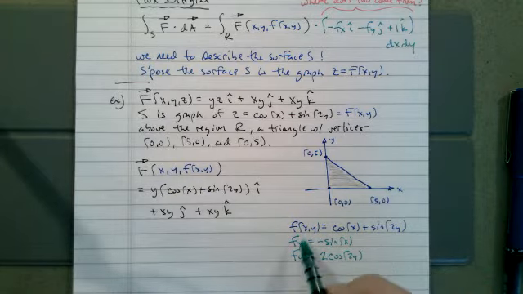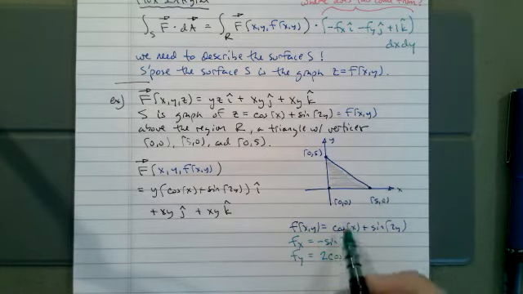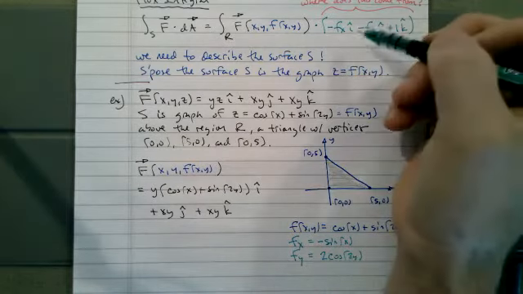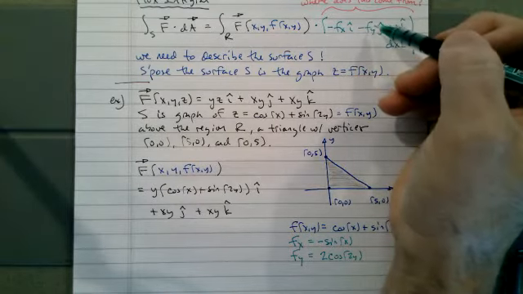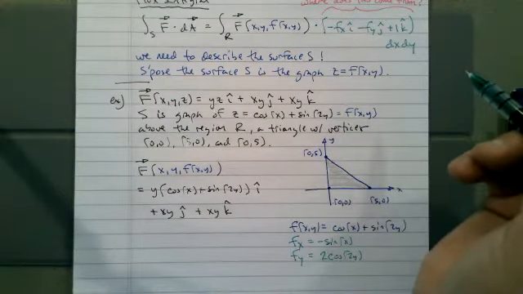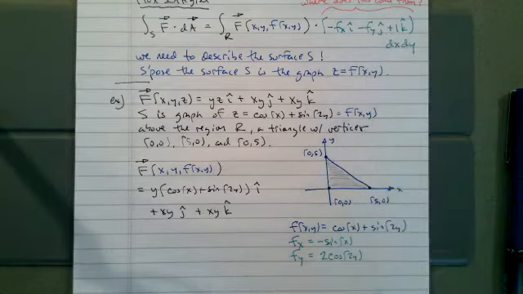If we imagine z equals our function and we rewrite it as z minus f at xy, that's why the fx and the fy show up negative. That still doesn't answer the question of where this comes from. I'm just saying that's why these negatives appear from a mechanical standpoint.